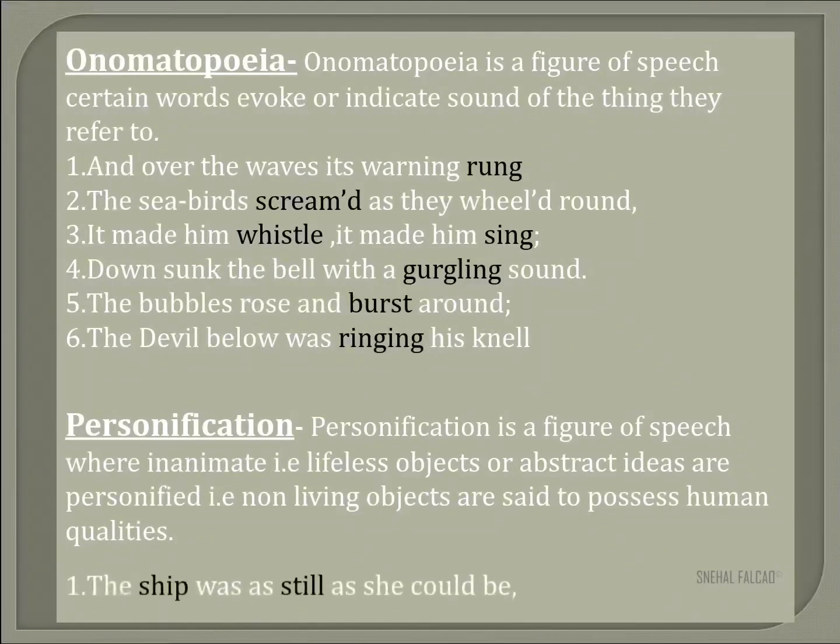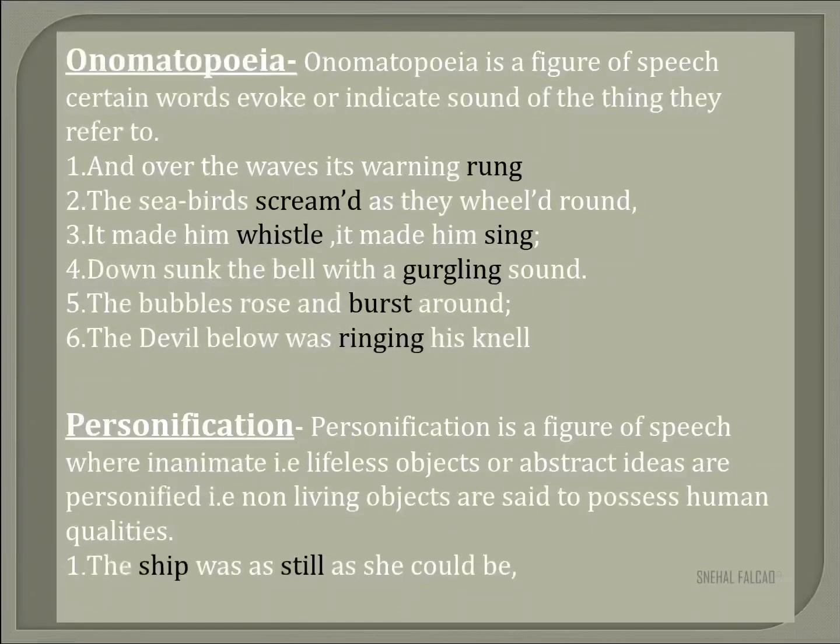Examples from the poem are: the ship was as still as she could be. Here, the ship is personified. It is given the human quality of being still. At evening, it had died away. Here, evening has been given a human quality of dying.